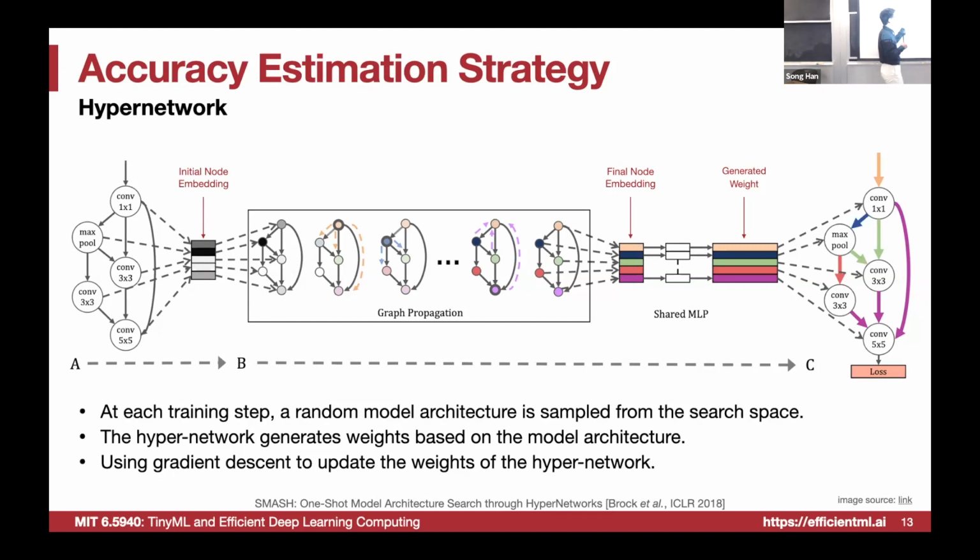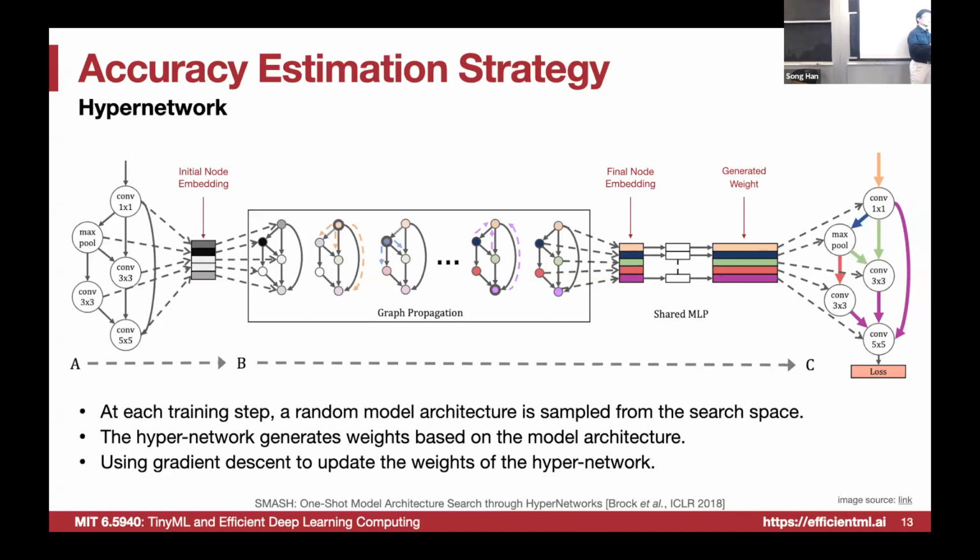So we pass it through several layers of graph neural net, which transforms the initial architecture embedding into the final architecture embedding. And we use this MLP, which is the hypernetwork, taking the node embedding as a feature to predict the weight of the original neural network.